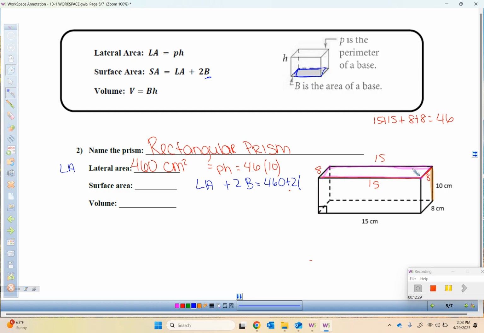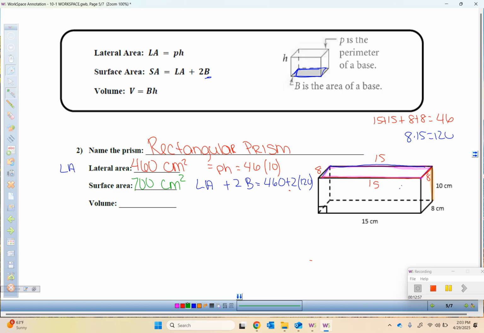So if this is my base highlighted, how do I find the area of this? How do I find the area of this base? Yes, base times height. So this is 8 times 15, which equals what? 120? Okay, so 120. So 2 times 120, what, 240? Plus 460, 700, and this is centimeters squared.